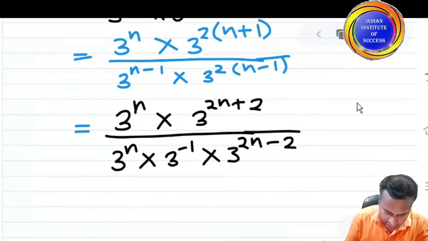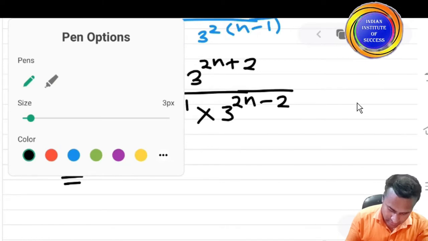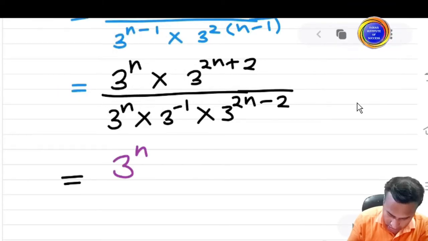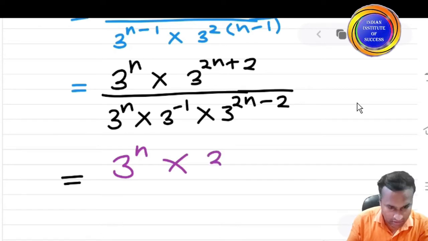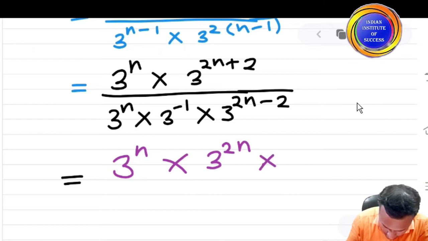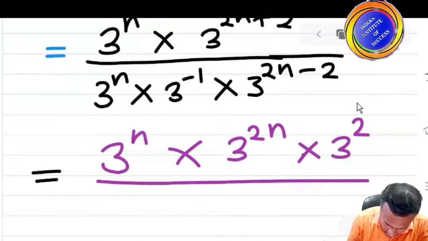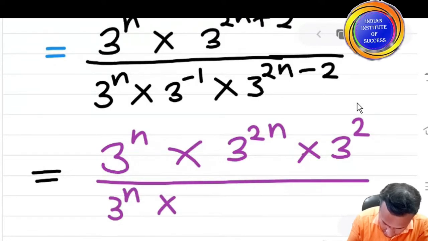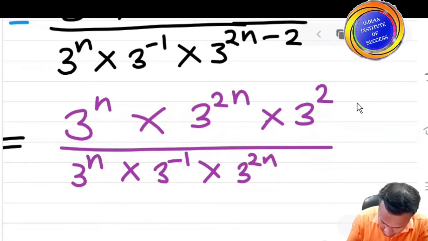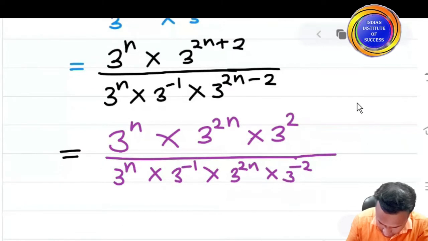Now, when bases are the same, powers will add. Similarly we will break down here also: 3 raised to power n, 3 raised to power 2n into 3 raised to power 2. Here also 3 raised to power n into 3 raised to power minus 1 into 3 raised to power 2n into 3 raised to power minus 2. In this way we can break down.